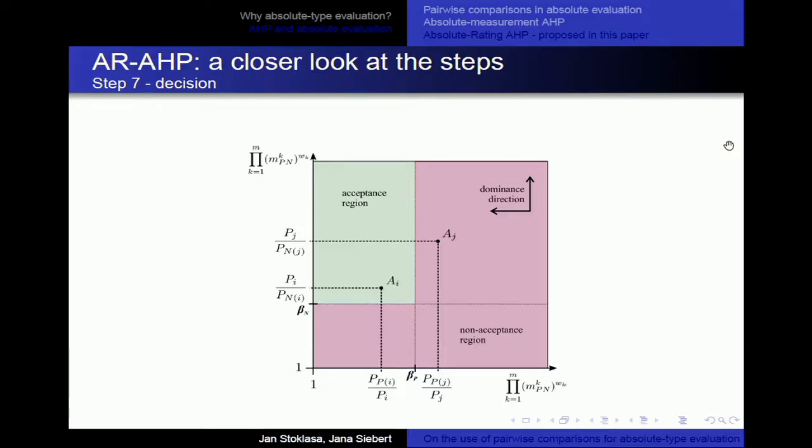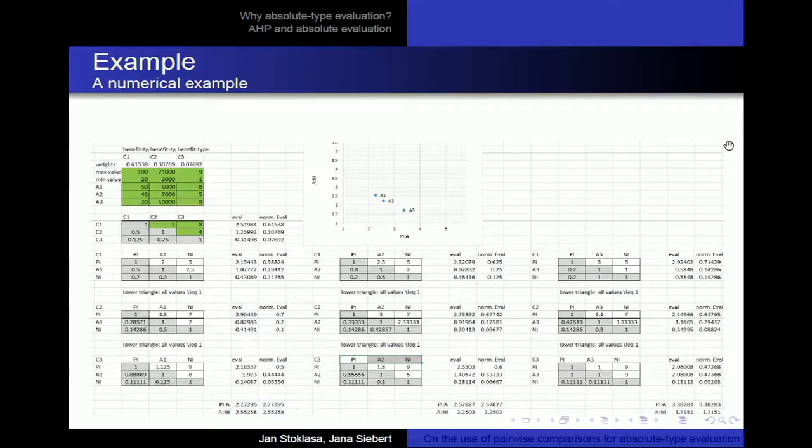On this axis, anything further from the 1 is better than closer to the 1. So essentially, if you had these two alternatives with this threshold and this threshold, you could say AI is preferred, is accepted, AJ is not accepted. So we have this single shot acceptance, non-acceptance possibility as well. And the computational intensity is very low.